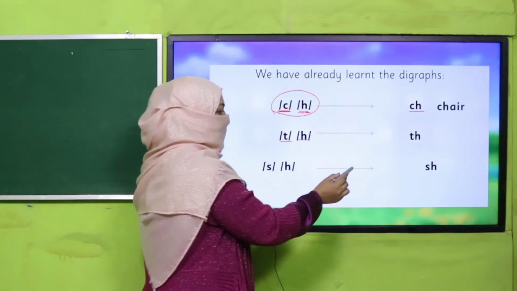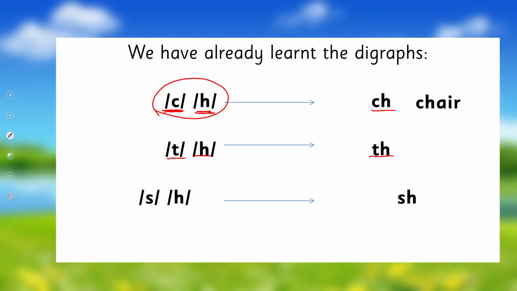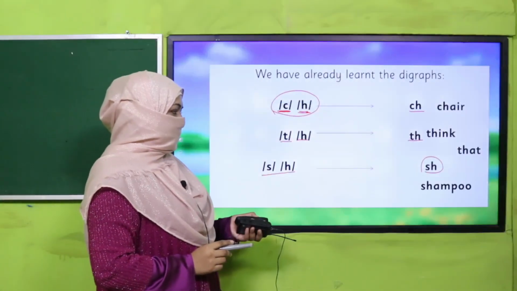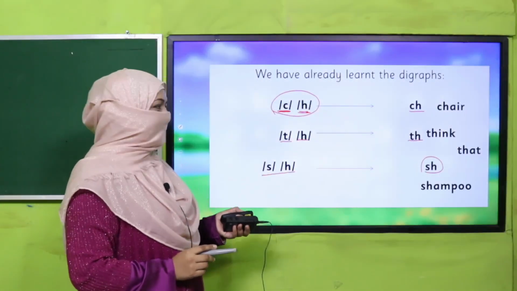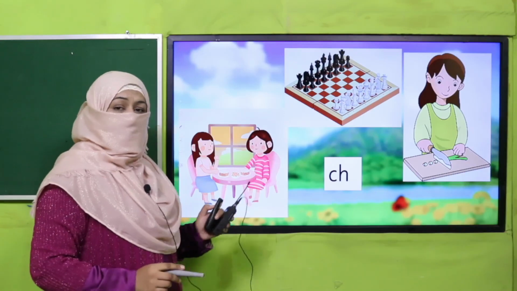TH together, they can make two type of sound. One is soft as in think, thank you, right? And the other is hard as in that, there, right? And SH, this digraph make a sound sh as in shampoo, right?